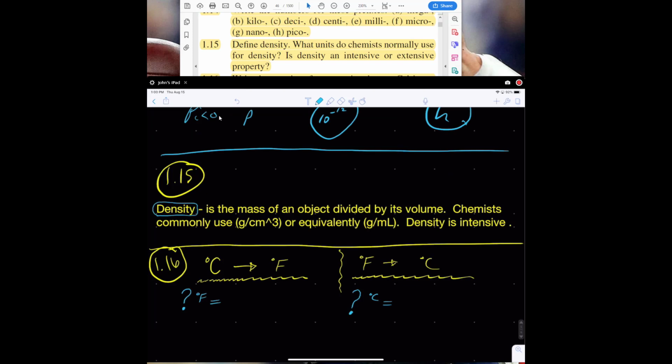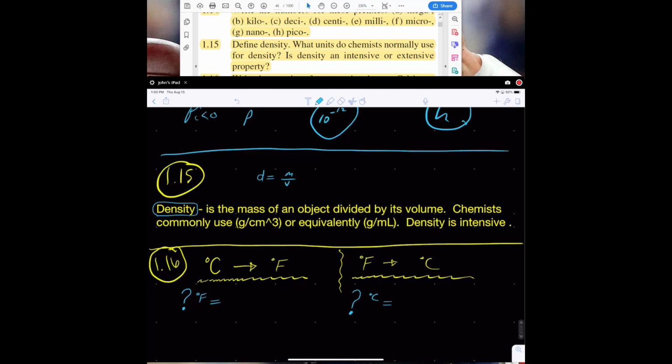Alright, before we move on to 1.16, I wanted to just point something out here about density. So density will denote the formula as lowercase d. D is equal to m over v. Right? Density, mass, and volume, respectively.